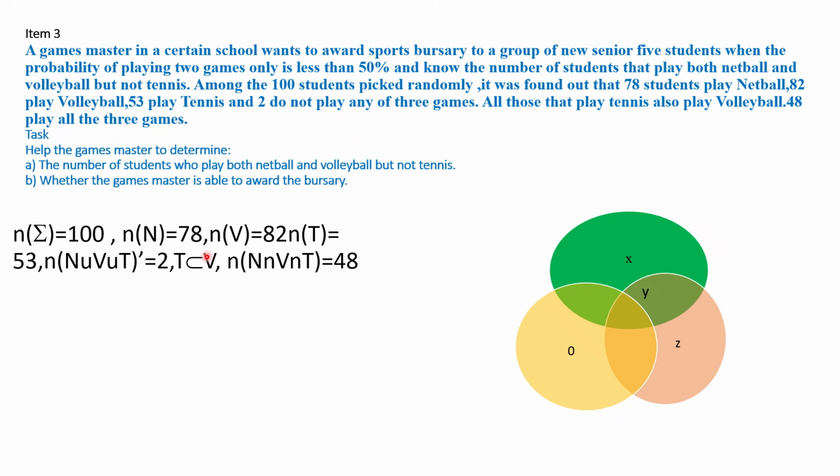This is our universal set, then those who play netball 48, then volleyball 82, then tennis 53, and those who don't play any, we have 2. There is this statement that all those who play tennis also play volleyball. It means that T is a subset of V. Then those who play all 3 games were 48.